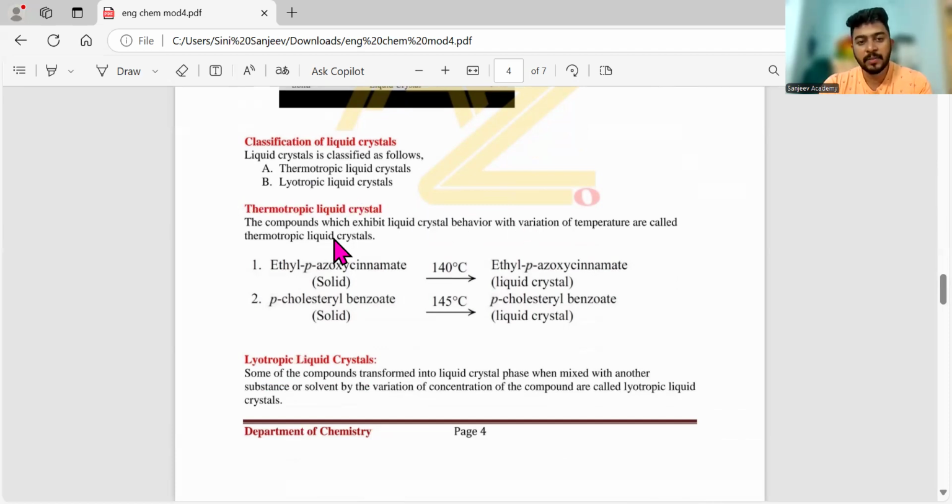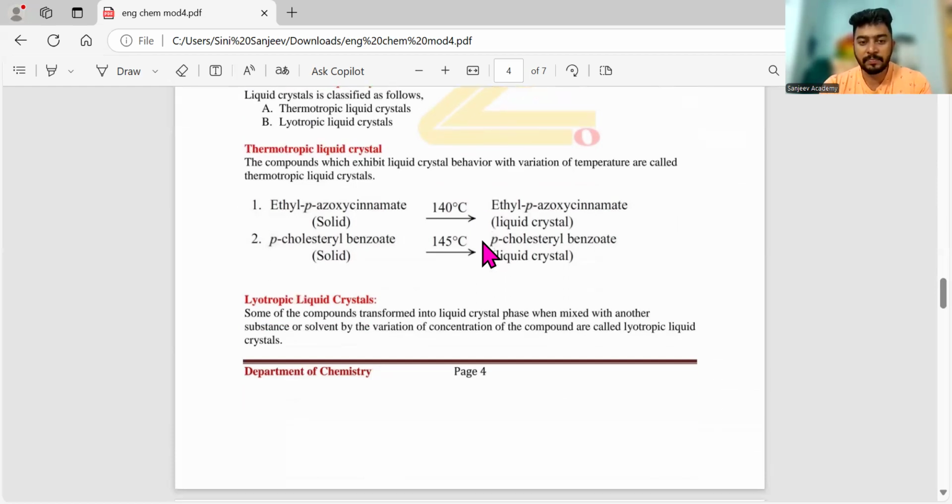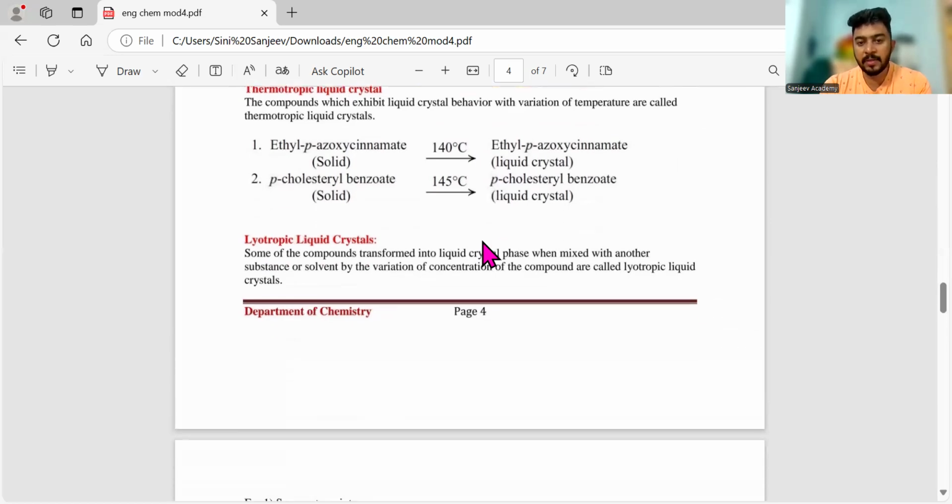Thermotropic is nothing but the compounds which exhibit liquid crystal behavior with variation in temperature. Lyotropic is when one of the liquid crystal phase compounds is treated with another substance. Then it is called lyotropic crystals.